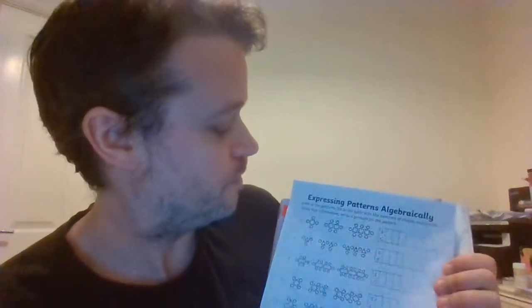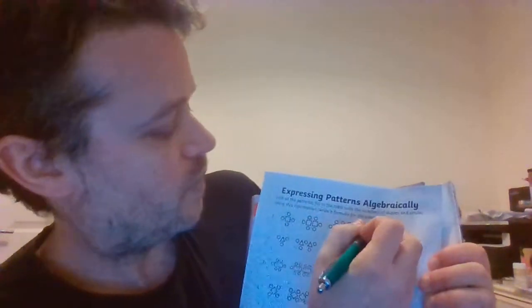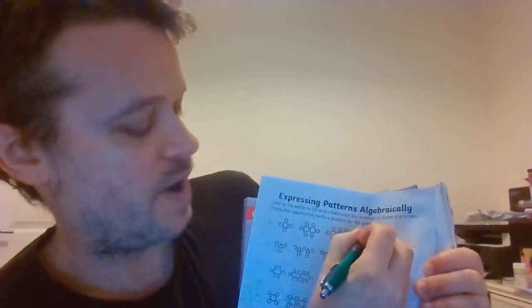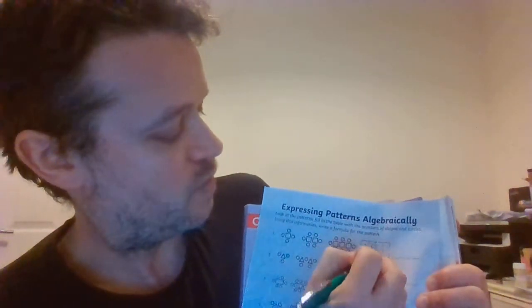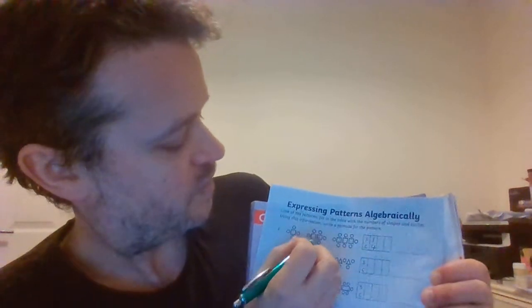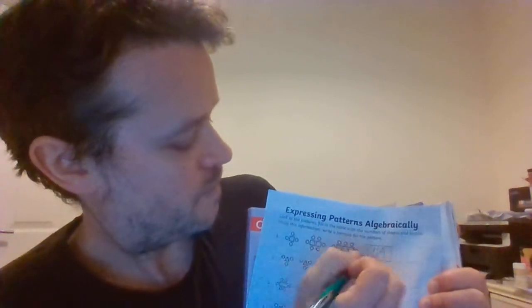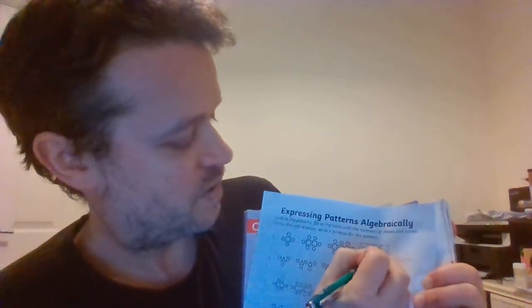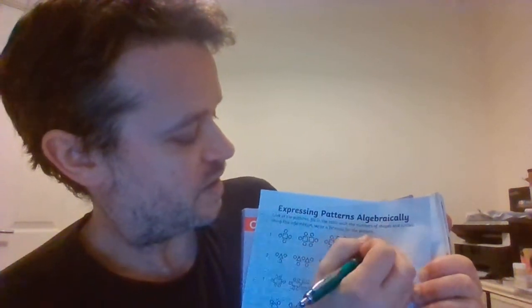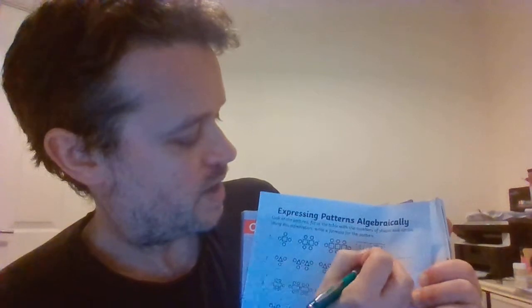This is quite simple. Where we have one square, you can see the one square here in the middle, we have 4 circles. For 2 squares, 1, 2, 3, 4, 5, 6 circles. And for 3 squares, we have 8 circles.